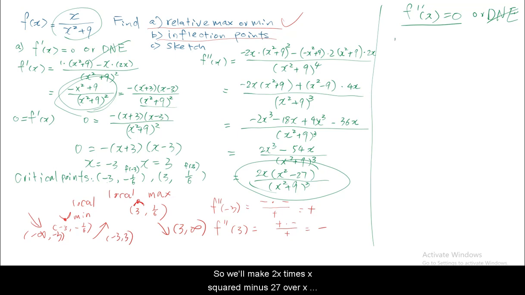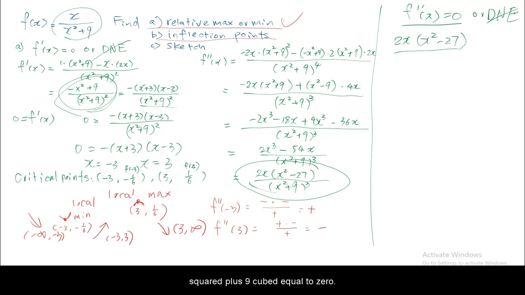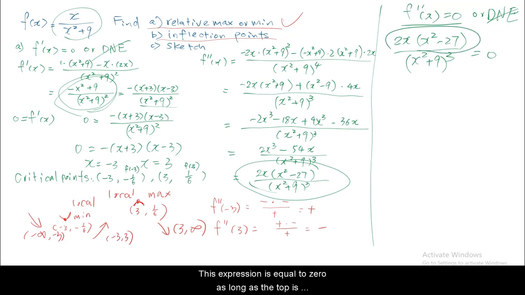So we'll make 2x times x squared minus 27 over x squared plus 9 cubed equal to 0. This expression is equal to 0 as long as the top is equal to 0, right? So that's 2x times x squared minus 27 is equal to 0.